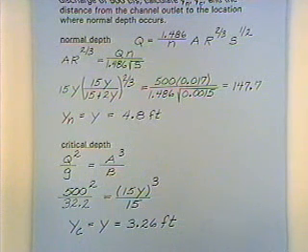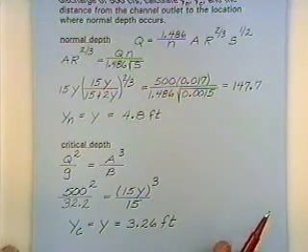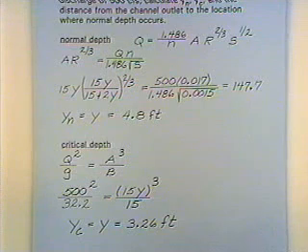That's the depth that the water would be flowing at if it hadn't been for the backwater effects of that 10-foot deep river. We need to know what type of flow condition we've got, and knowing the critical depth allows us to figure that out. Here's our critical depth equation, which we used in the previous example.